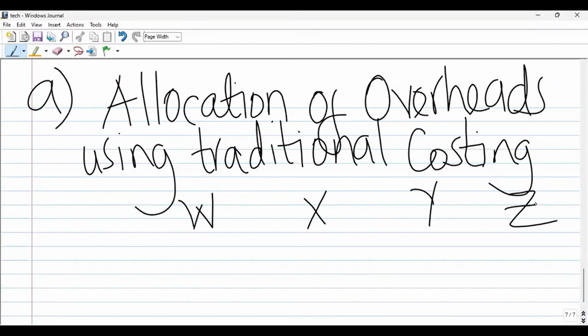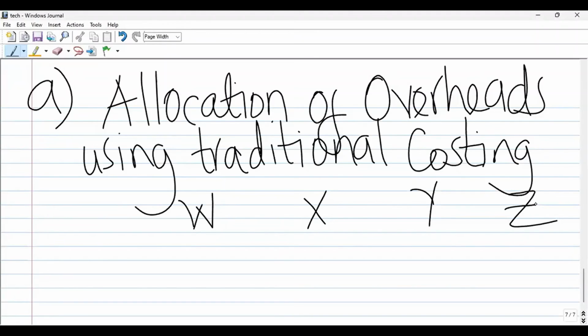Now, the traditional costing system and the ABC system are only used in allocation of overheads. They are not applicable for direct costs. Why? Direct costs don't need apportionment.